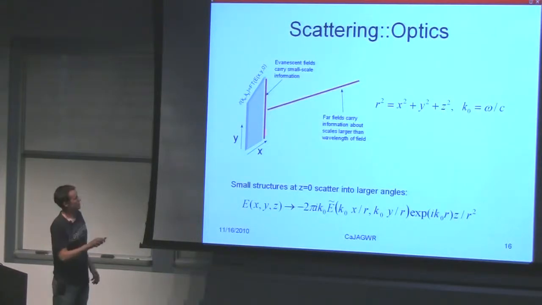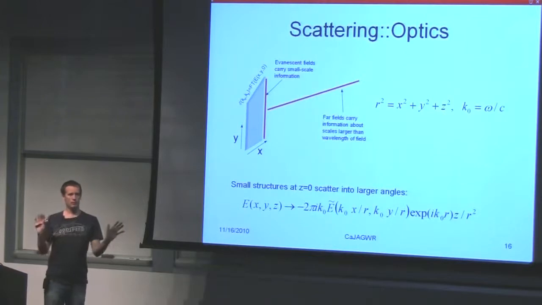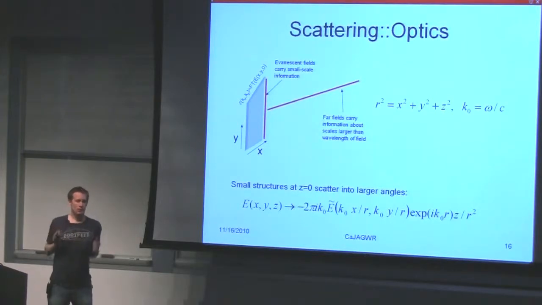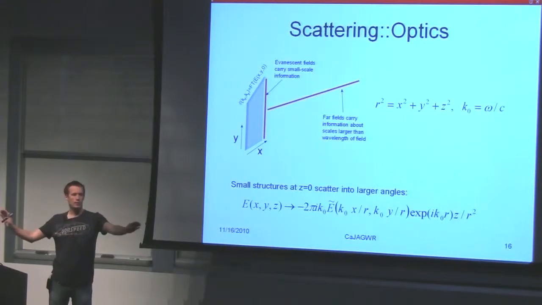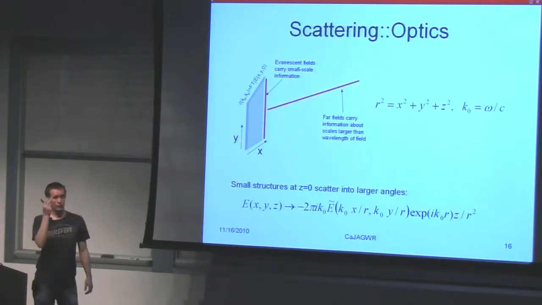The large scales in this spatial pattern, these contributions will propagate normally to the surface, which is real or imaginary, or virtual, whatever, and the smaller scales will cause, in some way, what we may say is the scattered field, scattered fields propagating at some large angle to this normal direction.